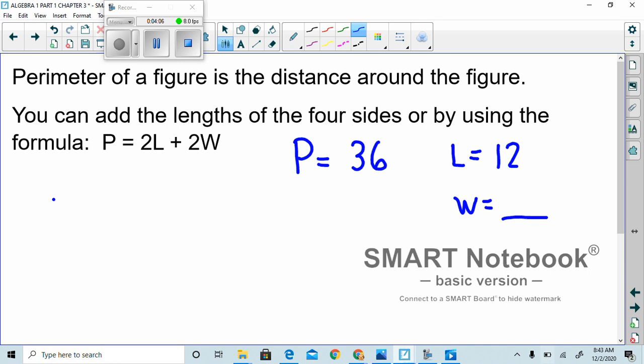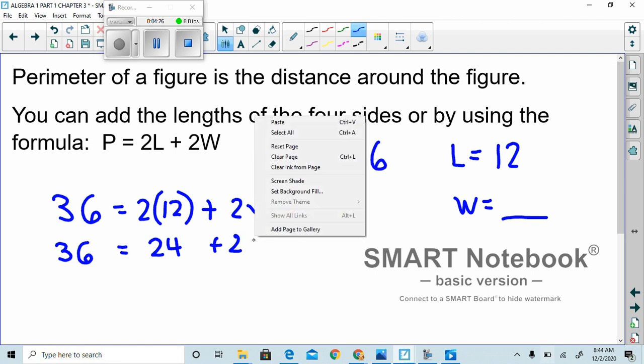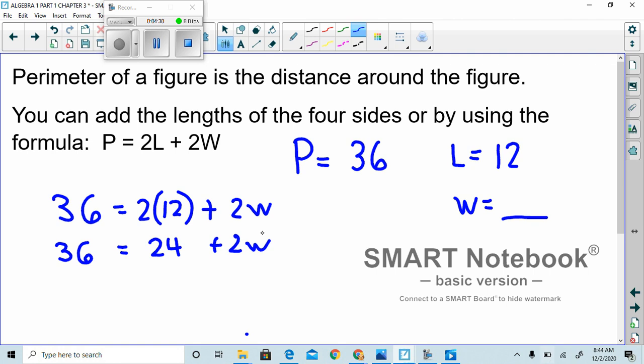So again, I have my 36. I'm going to have 2 times L, which is 12, and 2 times W. Don't know what that value is. What will I do? I'll solve this equation. I'm going to subtract 24 on both sides.